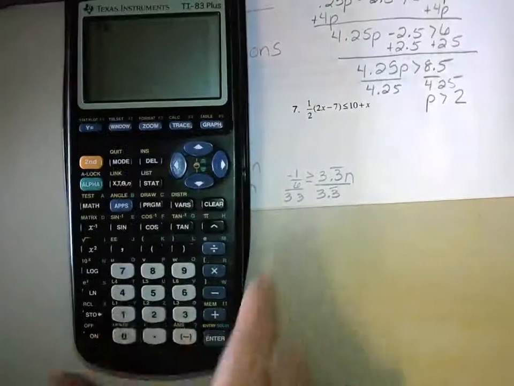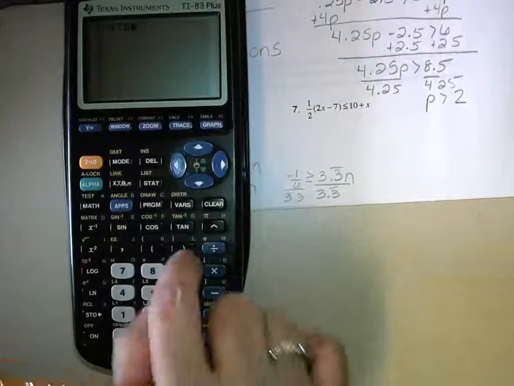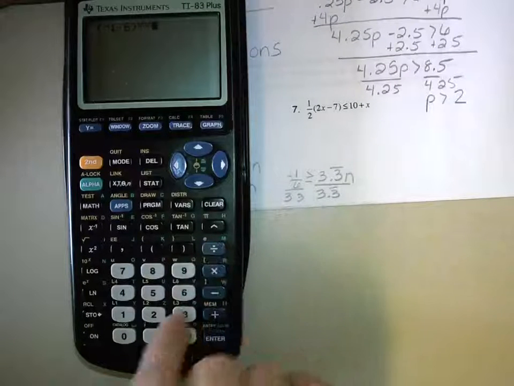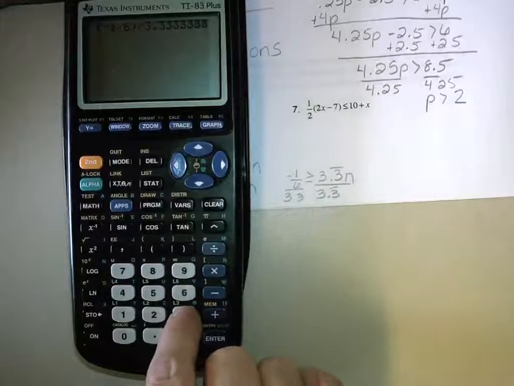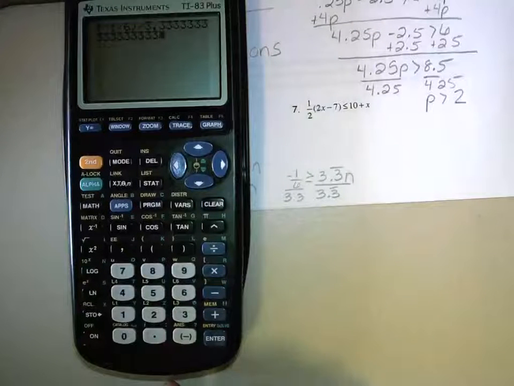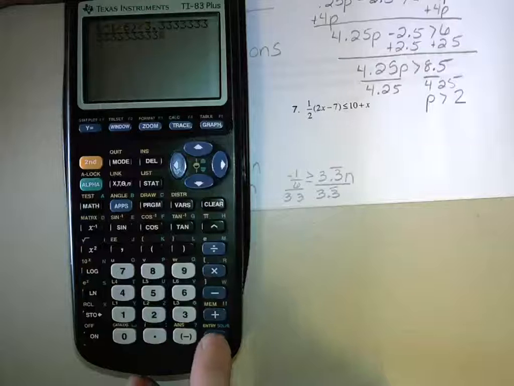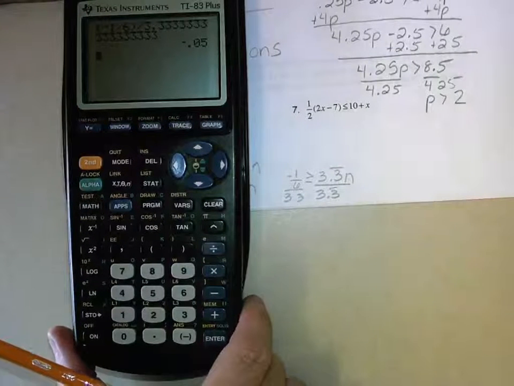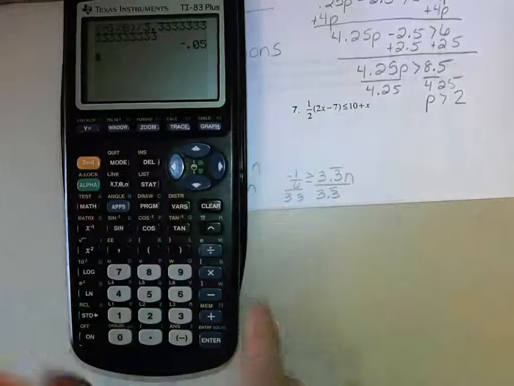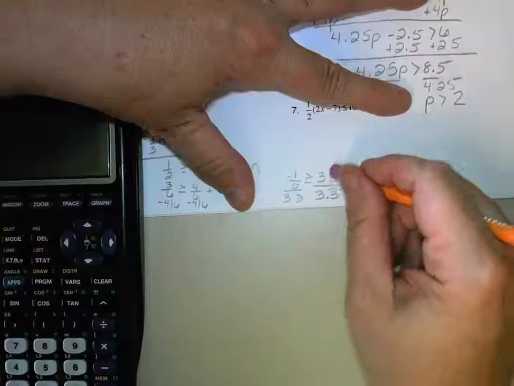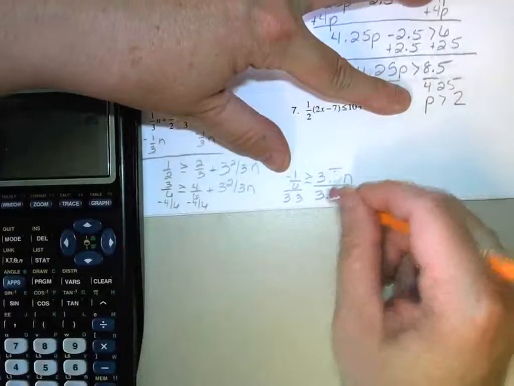With my graphing calculator, I will do negative 1 divided by 6 divided by 3.3 repeating. And I like to add a bunch of 3's in there, and then that ends up being negative 0.05. Alright, this is not 3.3 repeating. Sorry about that.